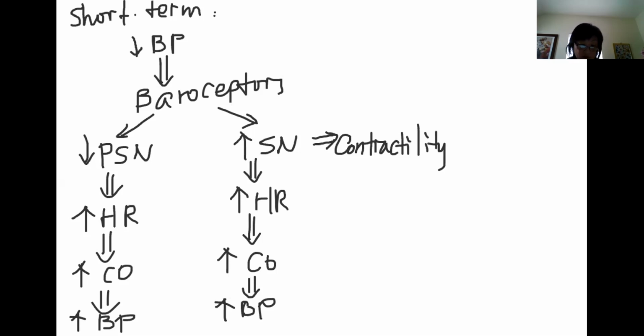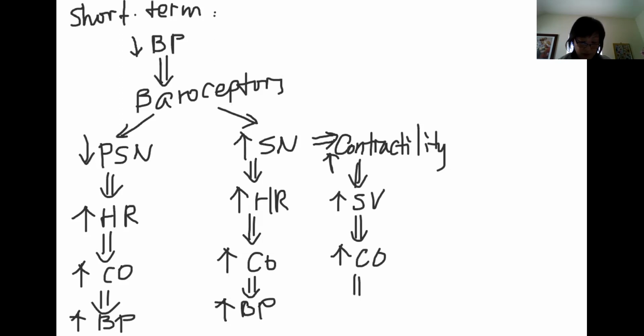If you remember, cardiac contractility can be changed by sympathetic nerves. So this part of sympathetic nerve will increase the contractility. If you increase contractility, then you're going to increase the stroke volume. If you increase stroke volume, you can increase output, then increase pressure.